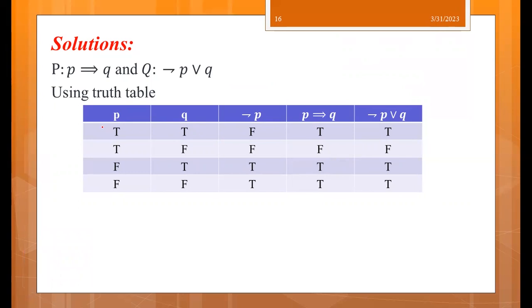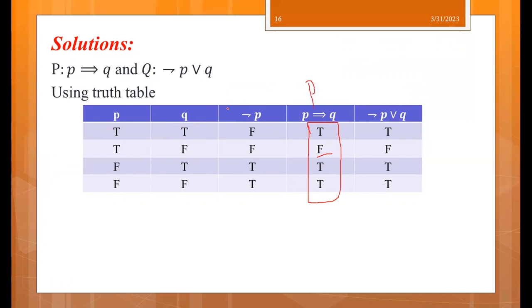That means true implies true is true, true implies false is false, but the rest are true. Therefore, here we have the possible truth values of the first compound statement, that is, this is for P.